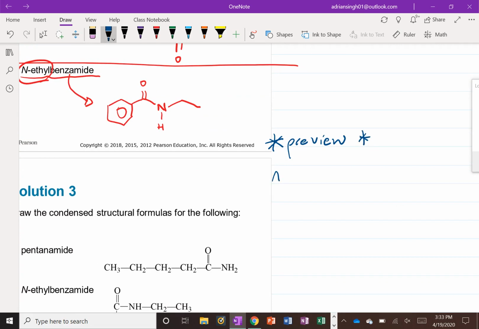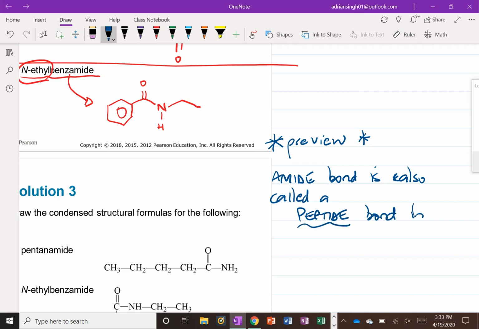The amide bond is also called a peptide bond in biochemistry. All right, and we're going to see that a lot in proteins specifically.